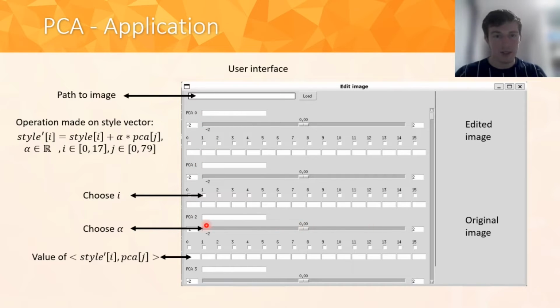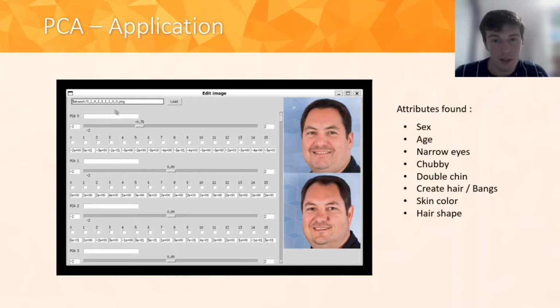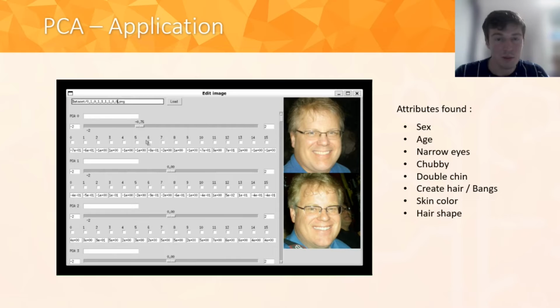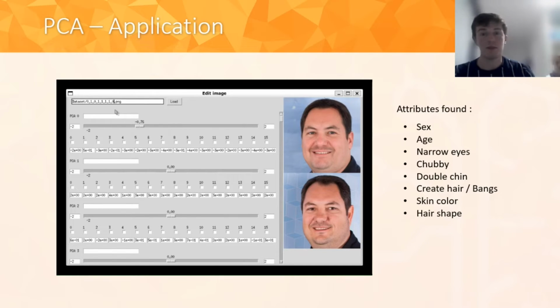And that scale bar shows the strength of the transformation. Here there is no change, so we just have the inversion. But when we apply, for example, PCA 0 to levels 4 to 9, we found out that we have a direction to change the sex of the person. And with that same method, we could find directions for age.